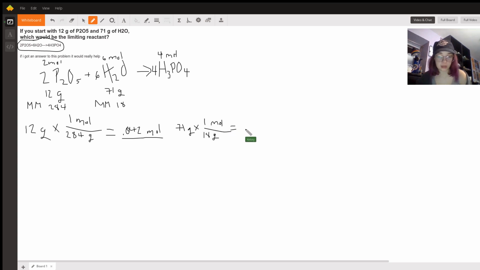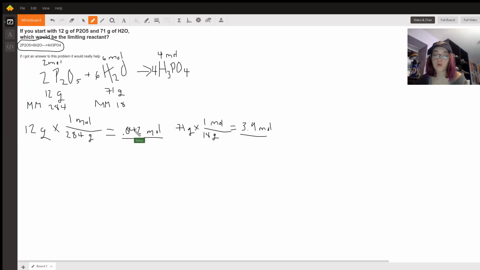And for that we get about 3.9 moles of the H2O. So now we know that we're plugging in 0.042 moles of P2O5 into our recipe and 3.9 moles of H2O.